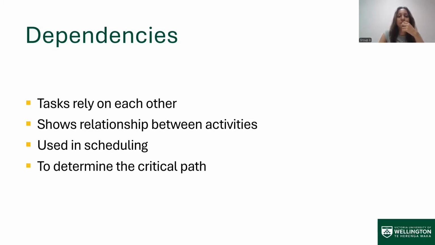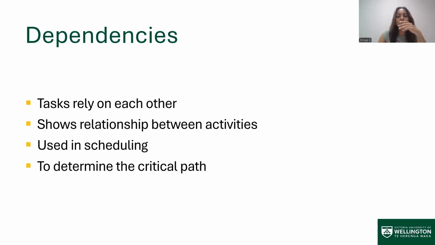So dependencies basically is, in the previous example, for instance, if we have to complete the task of say, testing a particular piece of code, that is dependent on the development part of it being completed. So here the one activity is dependent on the other. So it shows how these tasks rely on the other previous tasks.